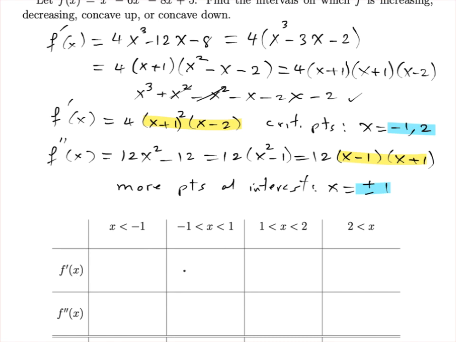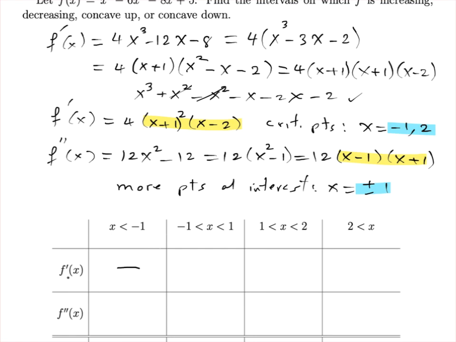For f prime, let's do f prime first. When x is less than negative 1, the squared factor here is always positive. A number less than negative 1 minus 2 is negative, so that makes this negative here.